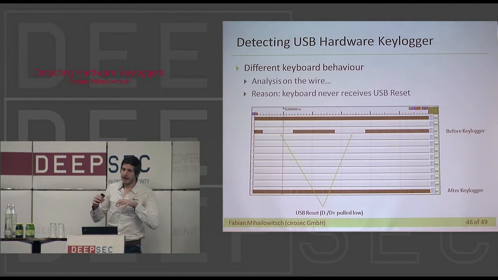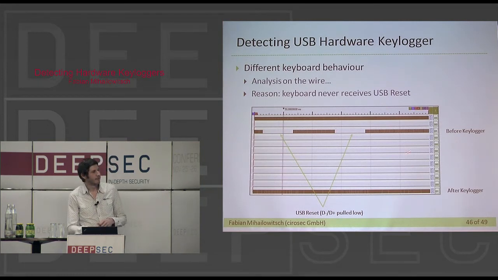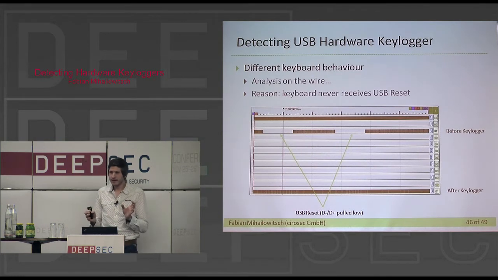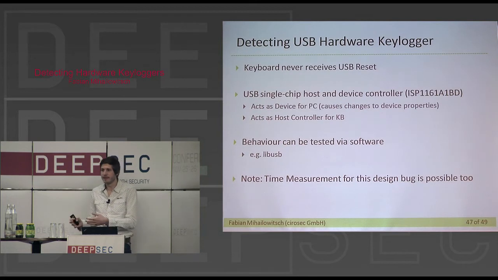So what I did, again, I looked on the wire, and you have to know that during a USB reset, both data lines, D plus and D minus, are pulled to 0 for a certain amount of time. You can see that before the keylogger they are pulled to 0, and after the keylogger there's nothing. So basically, the device just doesn't pass the USB reset to the keyboard. The keyboard never receives the USB reset, and that's the reason it doesn't behave like I think it should.